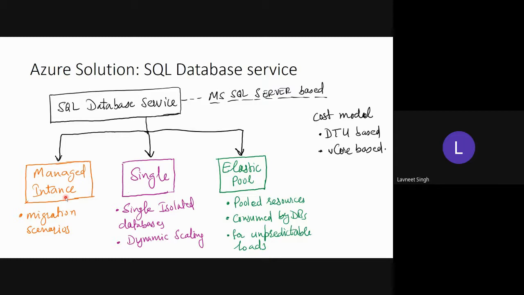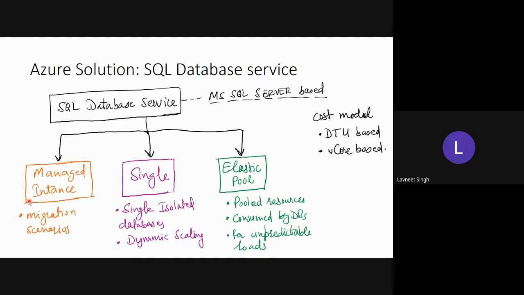You have a database, now you need to migrate to the SQL database on Azure. So you can create the schema as it is, or migrate the schema as it is, and migrate the data if you create a managed instance.